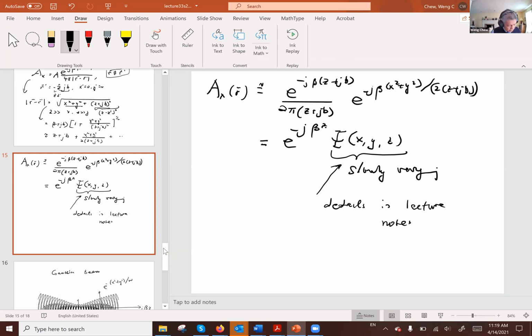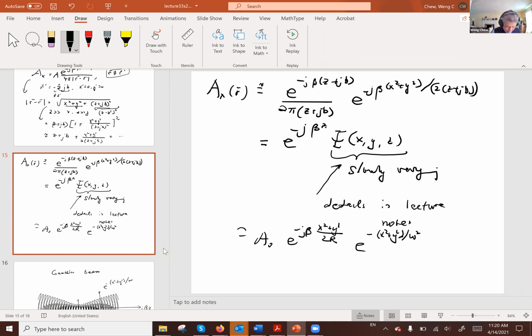And one salient feature that you see from the details is that this wave actually behaves like A0 e to the minus j beta times x squared plus y squared over 2r. And then it will have a Gaussian taper component, minus x squared plus y squared over w squared.